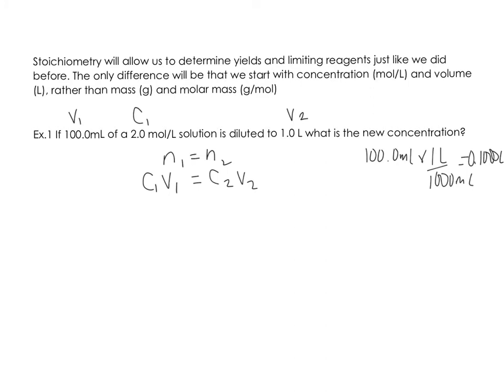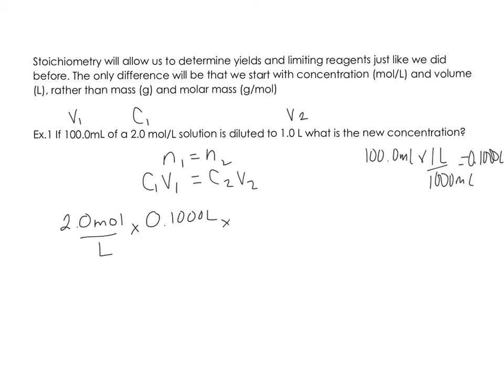New concentration, we want moles per liter. So we're going to start with a quantity with moles per liter, 2 moles per liter. Now, from that, we took 0.1 liters. We have to use the correct volume here. Whichever liters you took, you're going to use.